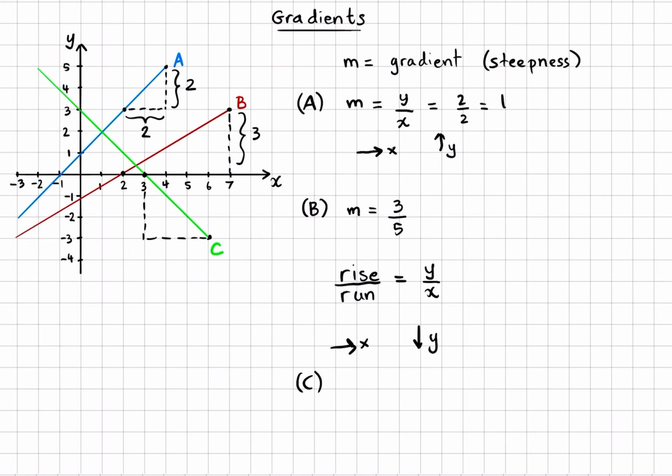So it's 3 steps, but it's 3 steps downwards, which means this is minus 3. We went minus 3 as we moved forward. So we write minus 3 divided by, and then it's also 3 on the x-axis.